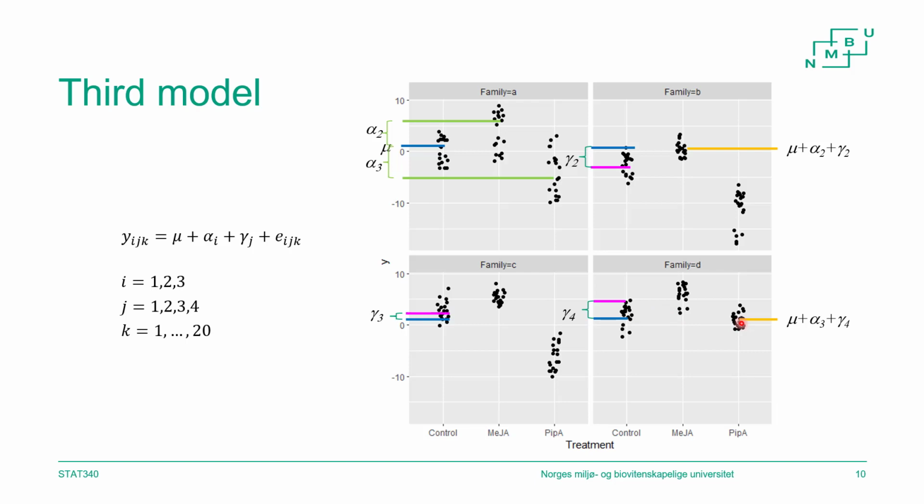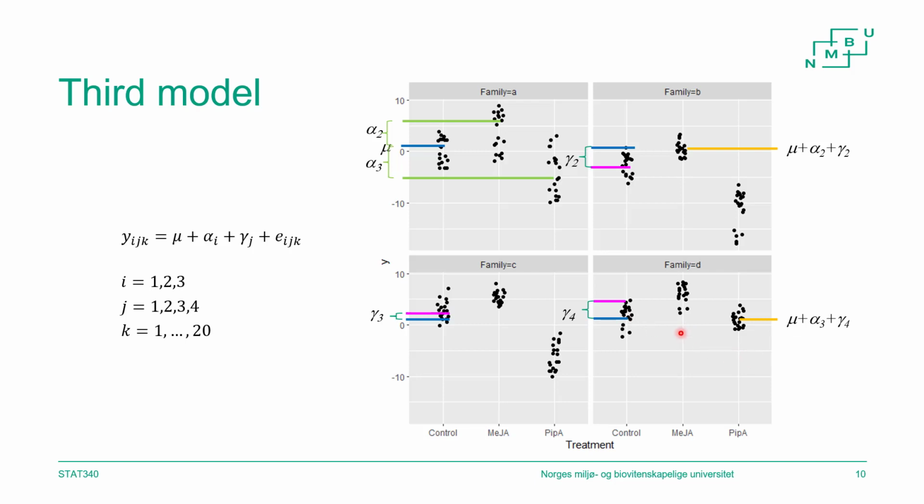And if that is the case, we should now include the interaction terms between alpha and gamma, because that's exactly what they do. They try to modify, right? That means we would now get a positive interaction here, because based on the values of alpha 3 and gamma 4, we should end up down here somewhere, perhaps.